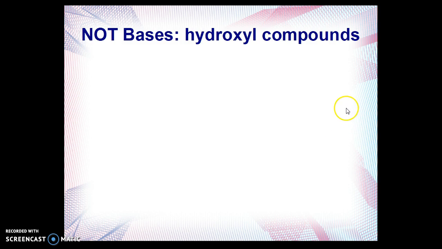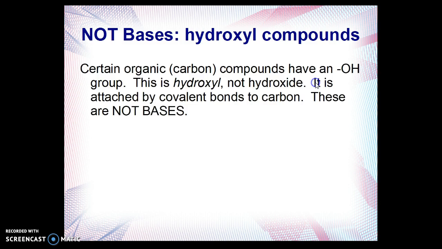Now, we need to understand that there are some OH compounds that are not bases. They're called hydroxyl compounds. If they are a carbon compound with an OH in them, that OH attached to a carbon atom is a hydroxyl group. It is not the hydroxide ion. This is not an ionic type of thing.